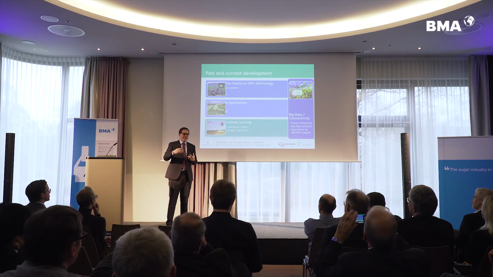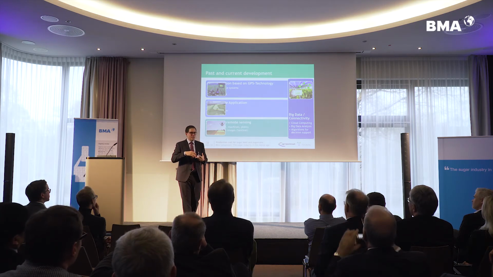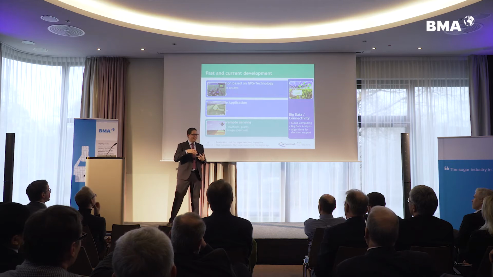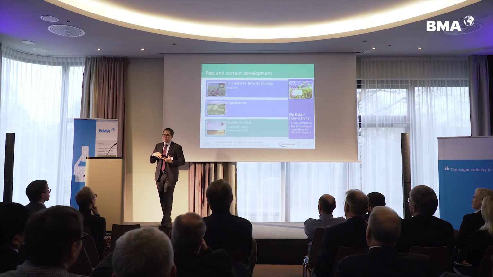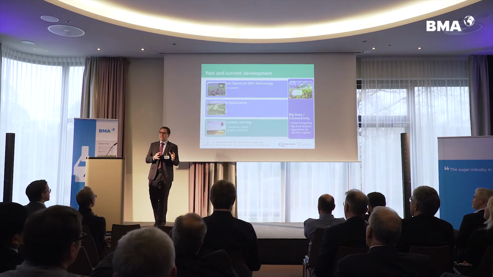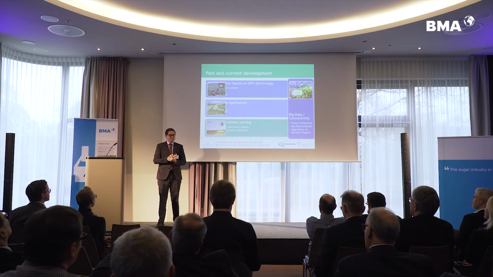In reality, I get the information, but who decides what to apply? It's still the farmer most of the time. So I think for a lot of people, the expectation now is to have an algorithm or a solution that will decide for the farmer, or at least give a better decision.